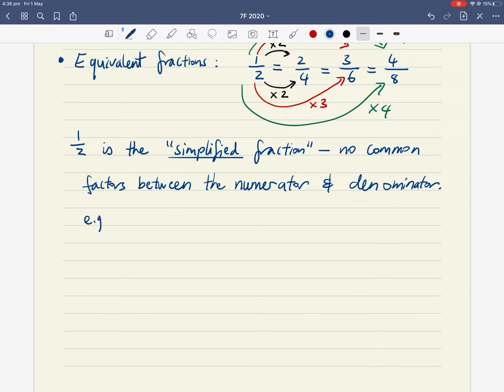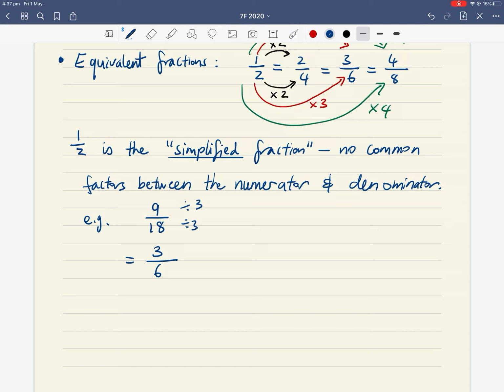So, for example, let's say I gave you the fraction 9 over 18, and I asked you to simplify it. It's clearly not a simplified fraction, because there are common factors between the top and the bottom number. Well, what number can you divide both 9 and 18 by? You can go, well, both are divisible by 3. So you would divide the top by 3, which gives you 3, and you would divide the bottom by 3, which gives you 6.